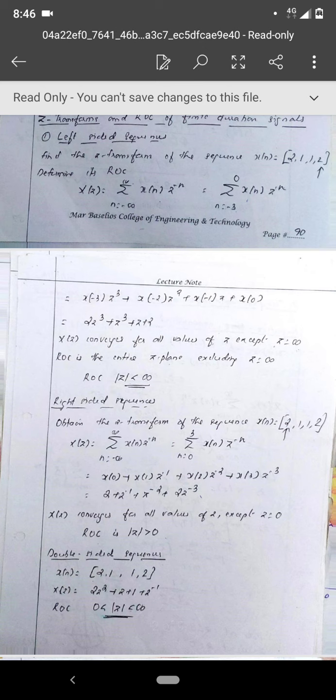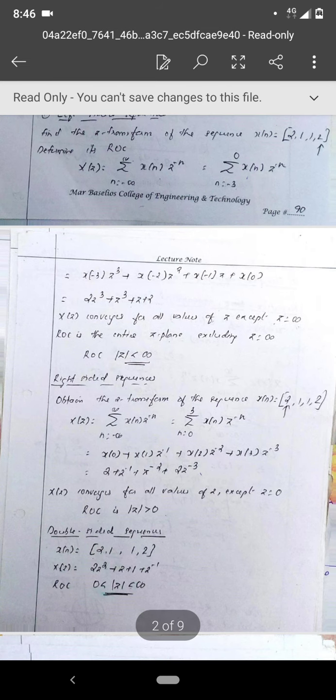Here you can tell that for all values of z, this summation converges except for z equal to infinity. Just imagine, put z is equal to infinity, and the polynomial blows up to infinity. The summation will never converge. So for all values of z other than infinity, this z transform X of z converges.